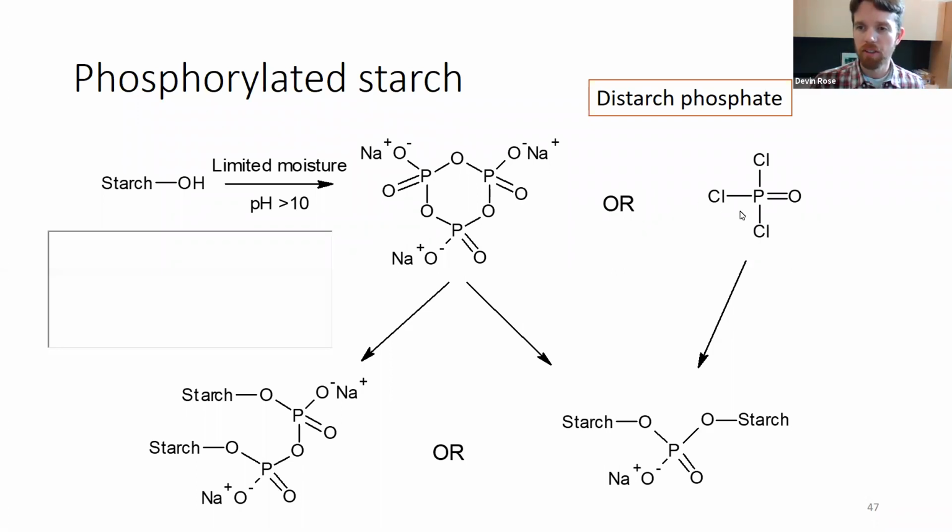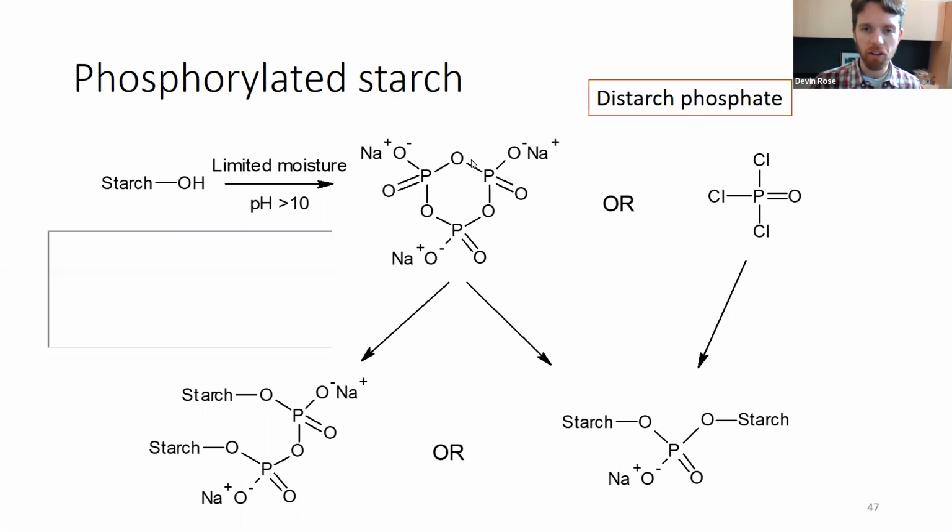These chlorine groups make this phosphate extremely reactive. And this is a phosphate anhydride right here, so we have an anhydride bond here. This is also very reactive with hydroxyl groups. So both of these can react.